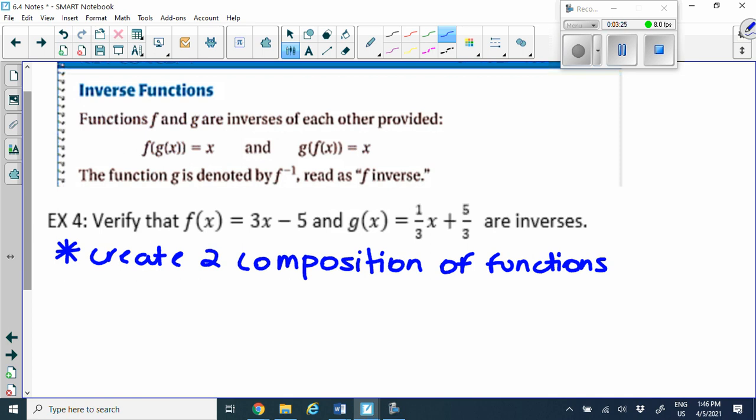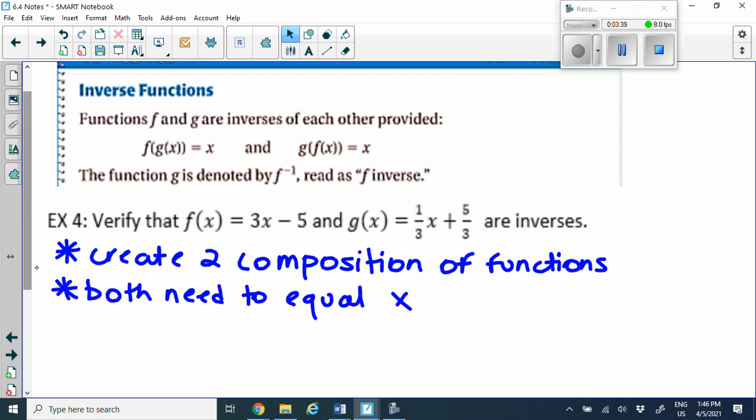Once we have done that, both need to equal x. Okay, so if they don't equal x, then they are not inverses.